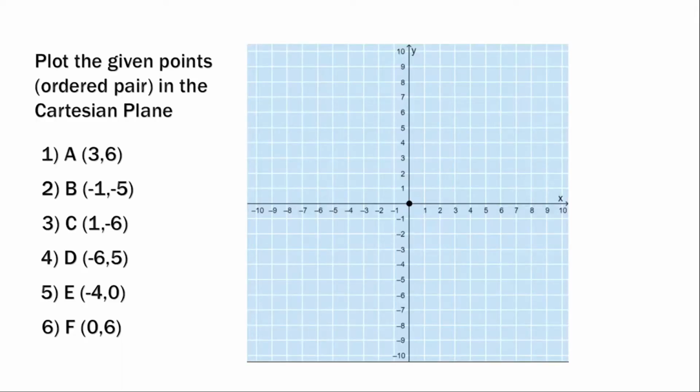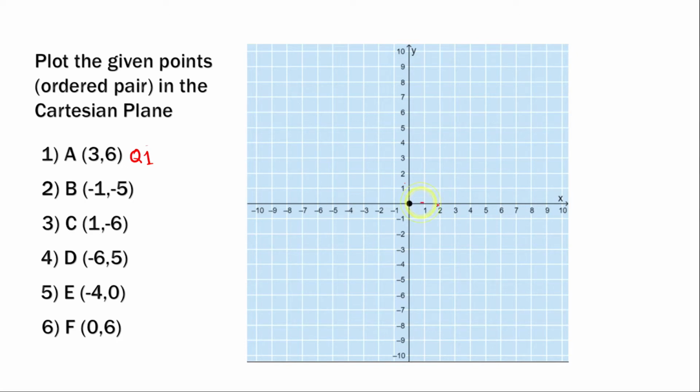So let us try to plot the given point or ordered pair in our Cartesian plane. So let's start with point A at 3, 6. So dahil parehas positive yung number, we know that this point will be located at quadrant 1. So if you're going to start from 0, 0, 3 for our x coordinate, so that is going to your right.